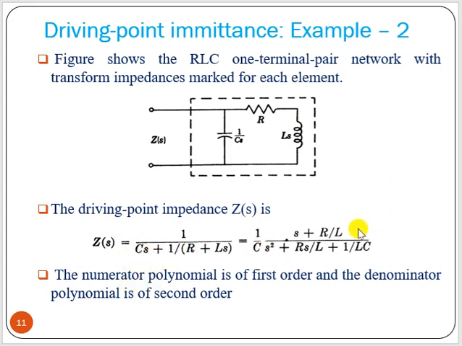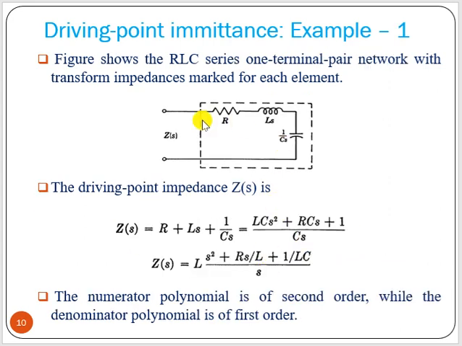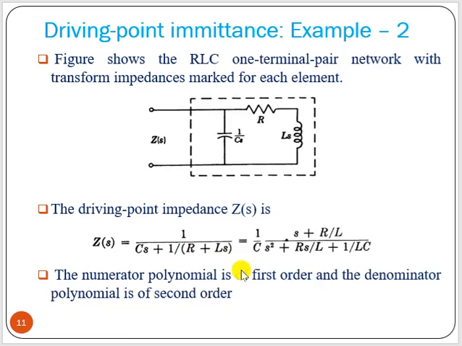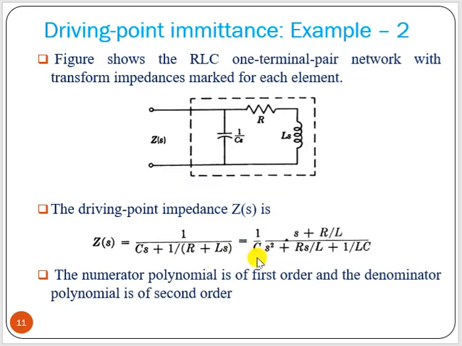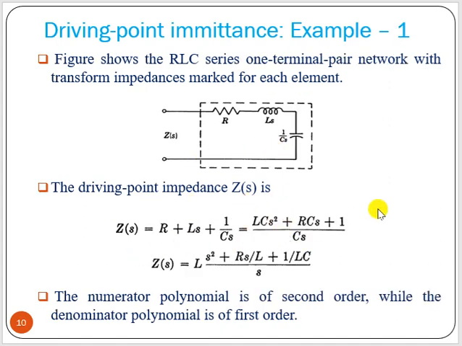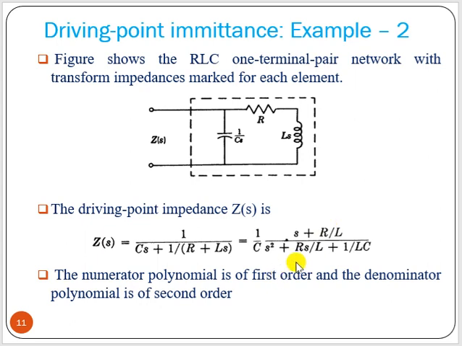So we got this expression after solving. Now we can see here that the numerator polynomial is of order first, but the denominator polynomial is of order second. For the previous case it was opposite, and there the constant is L, but here the constant is 1 by C. So according to the circuit, our impedance function may change, and it will change the order of the polynomials also.